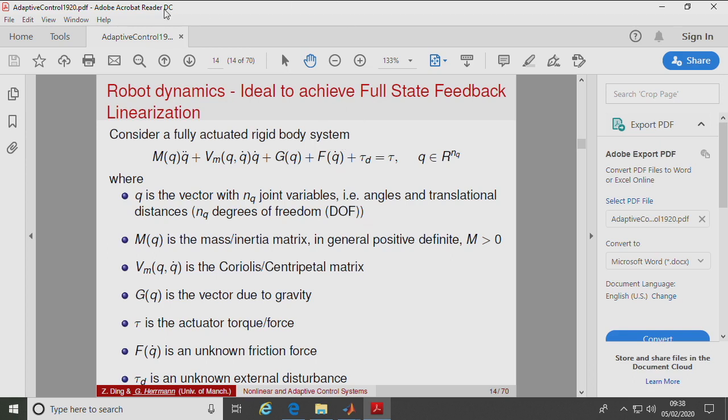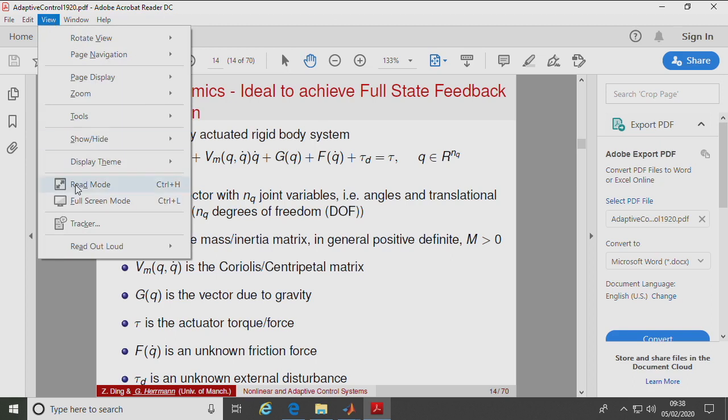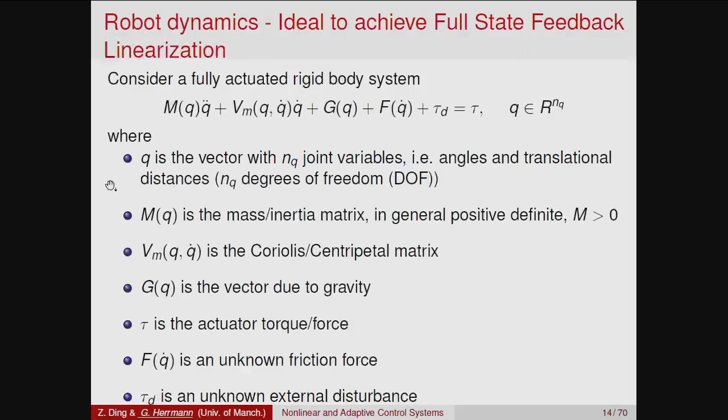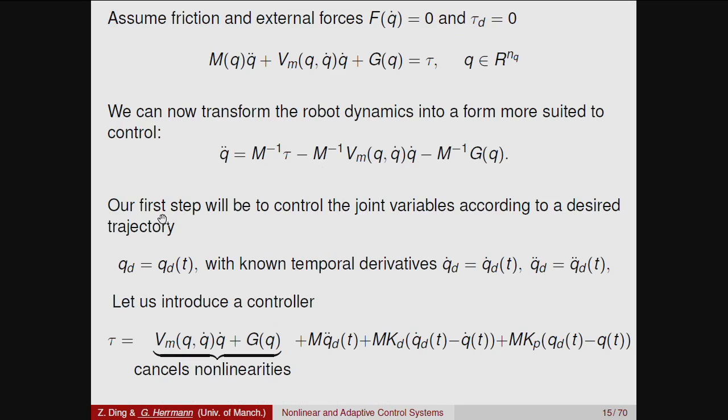So what we do in that sense is reformulate the system to have a similar kind of representation of what we had for the nonlinear affine system. In general, this mass matrix is invertible.